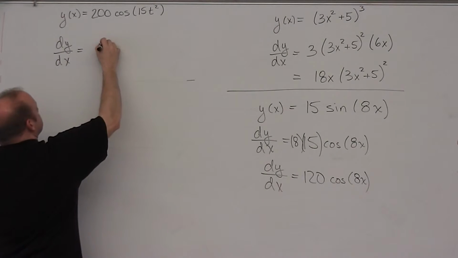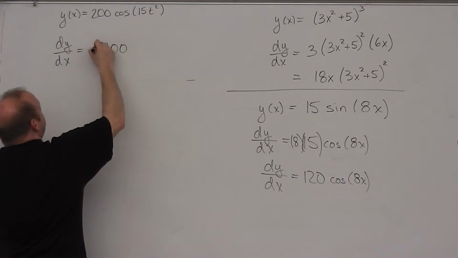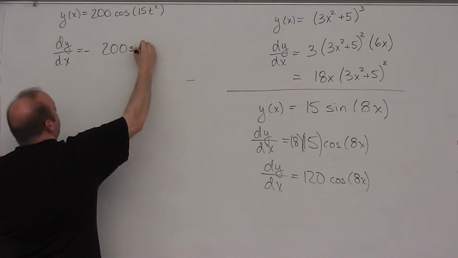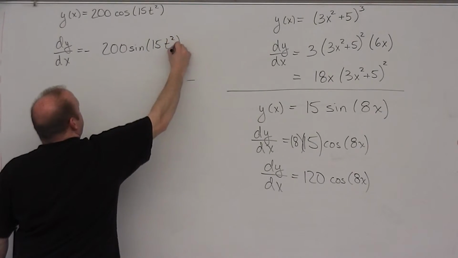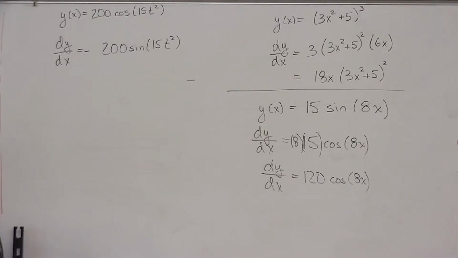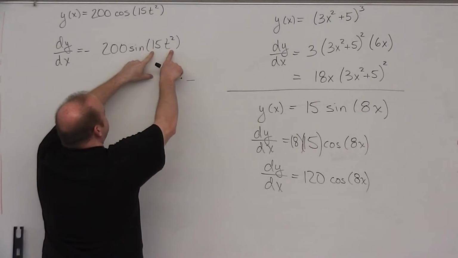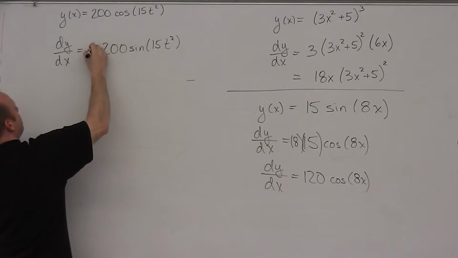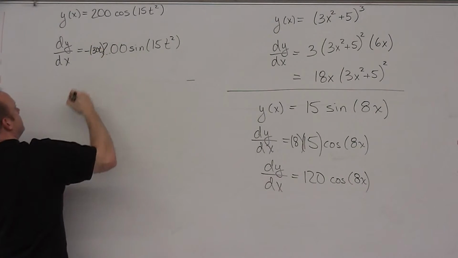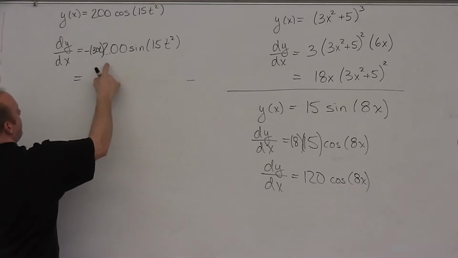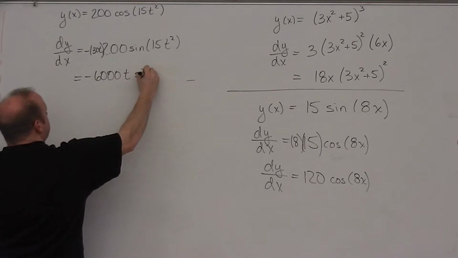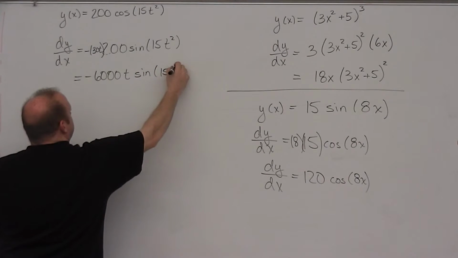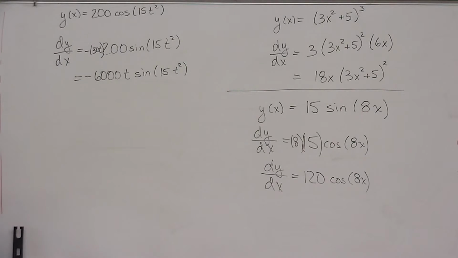So it's going to be 200 negative sine, so I have to put a negative out front here, sine of 15t squared. Okay, that argument of sine remains the same. Okay, times the derivative of this. That's 30t. Okay, 30t to the 1, so that's 30t. Sorry for squishing that. So I wind up with negative 6,000t sine of 15t squared. Okay.